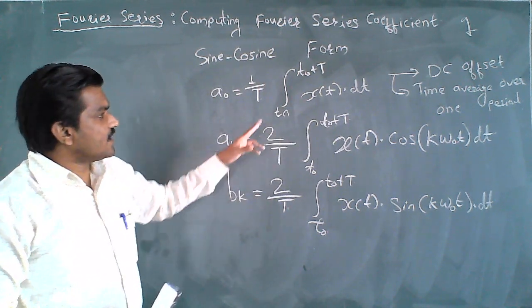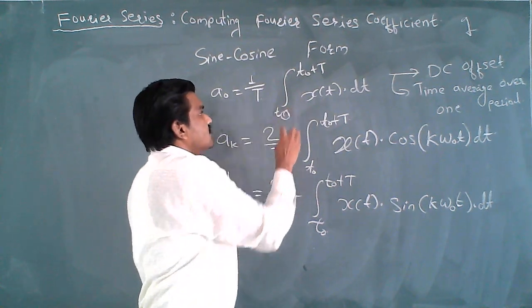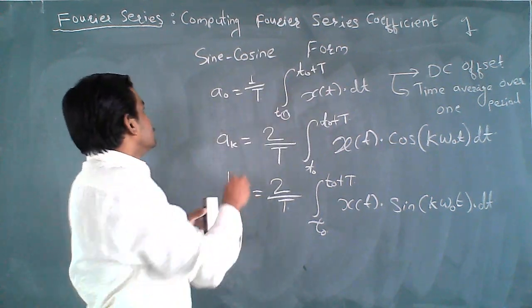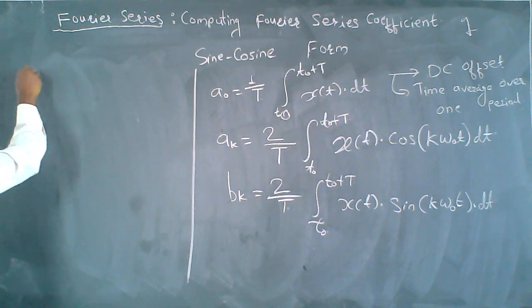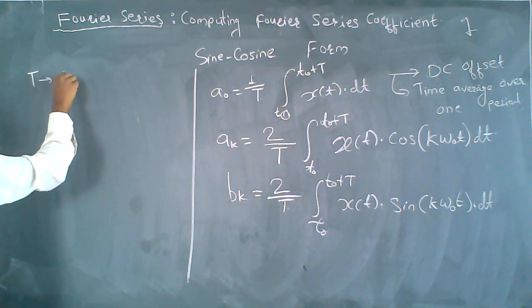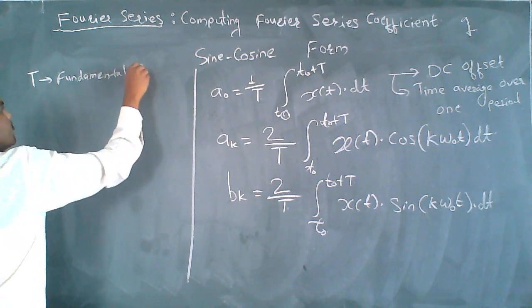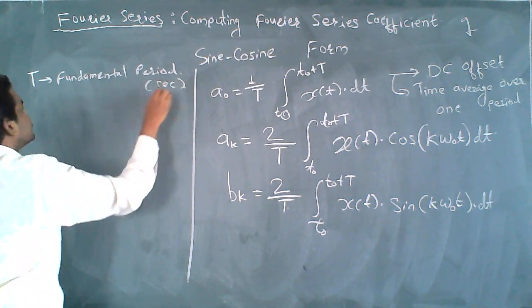Again, I will repeat this. You have to take integration over a complete time period, that is, here the time period is T. T is nothing but the fundamental period, which is measured in seconds.